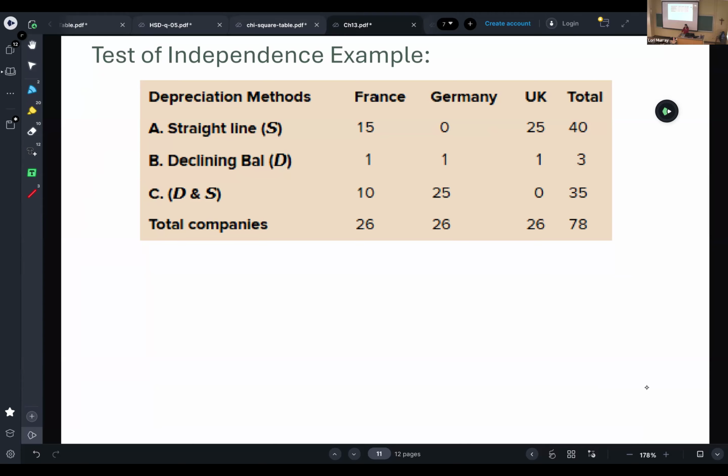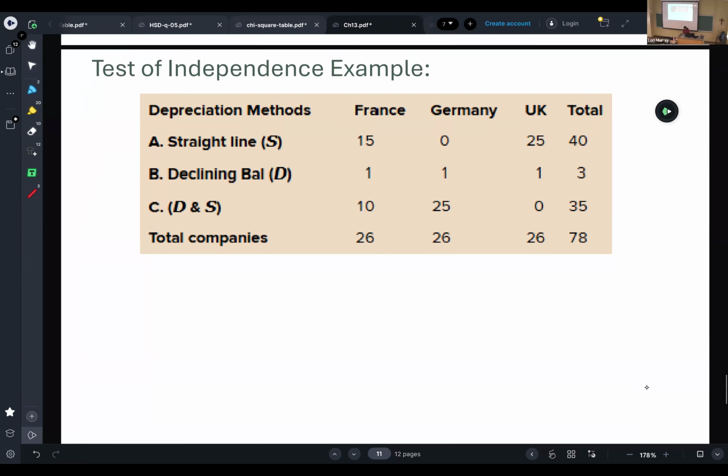We have different countries. So R in this case equals 3 depreciation methods, and C equals France, Germany, UK, which is 3. So the number of rows is 3, the number of columns is 3.